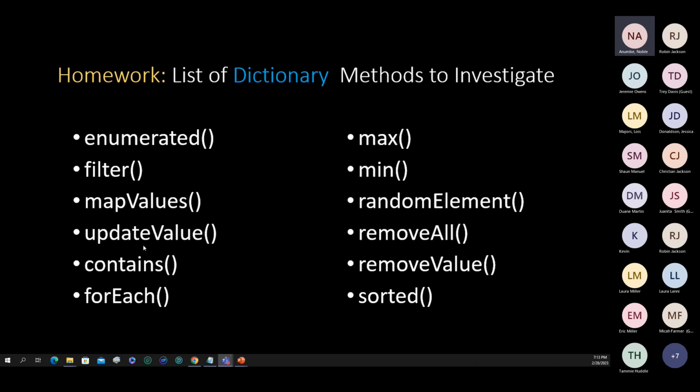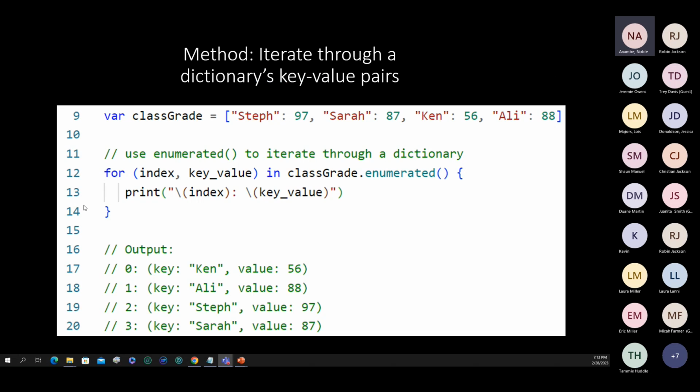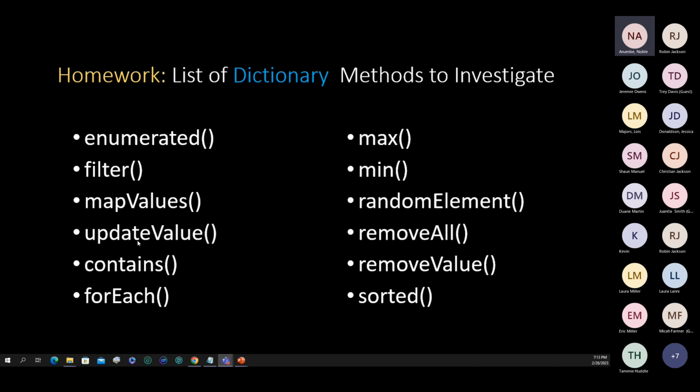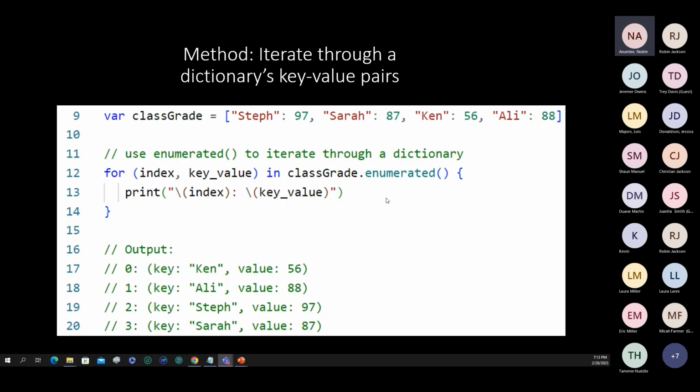Or maybe I'm looking in a particular dictionary to find out if it contains something, and then you have to give what you're checking to see if it contains. So you literally come here and say class grade dot contains, and then you list what it is that you're checking whether it contains.